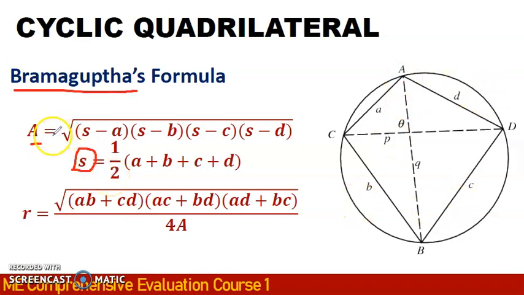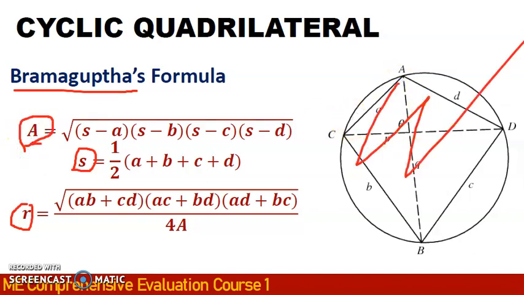Once you have the area, you can get the radius. This one refers to the area of the quadrilateral. This one is the radius of the circle, and this is the formula for it. This area here is the area of the quadrilateral.